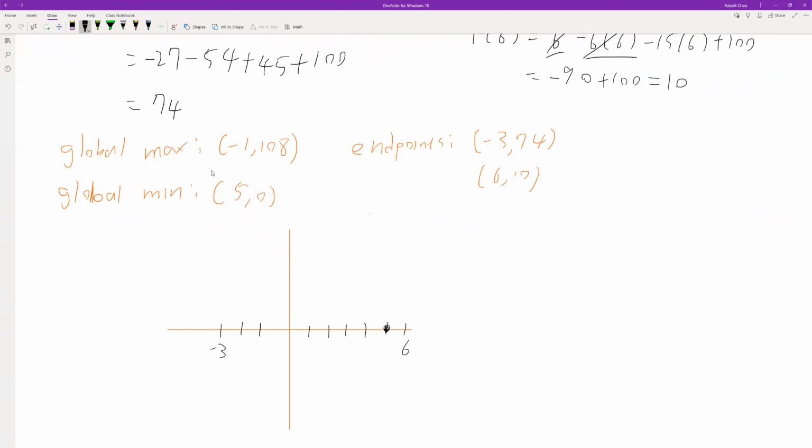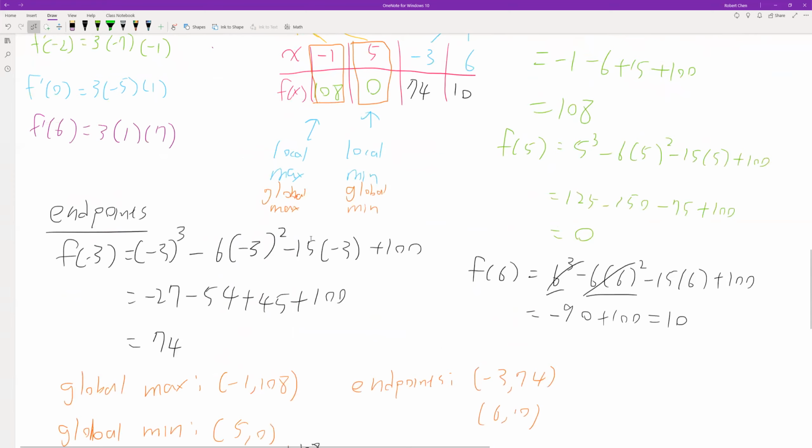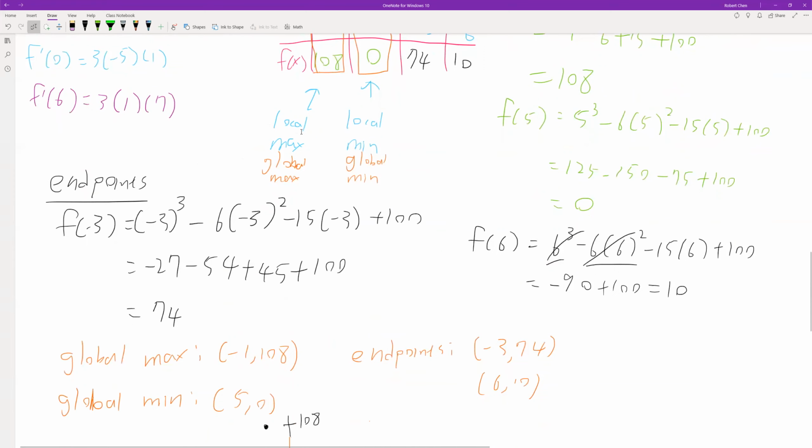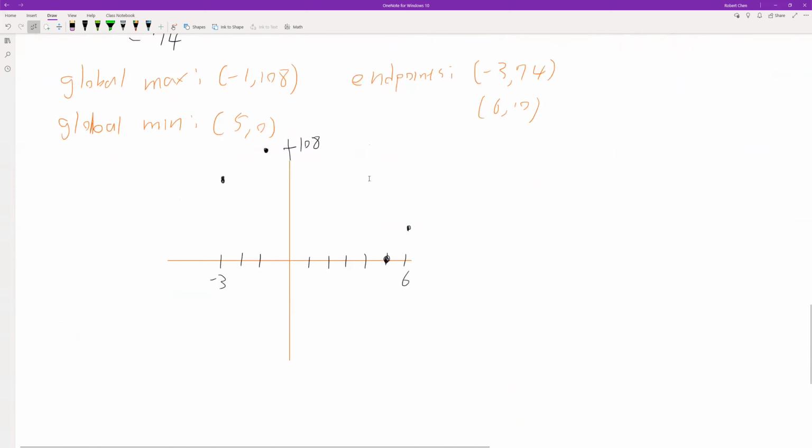Negative 1 and 108 is somewhere up here; I'll just call that 108. And negative 3, 74 will be about here. 6 and 10, let's say about here. We know that at negative 1 and 108 is a local max, and 5, 0 is a local min. So at the local max we will have a cap like this, and the local min will have something like this.